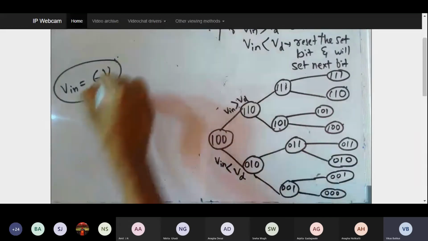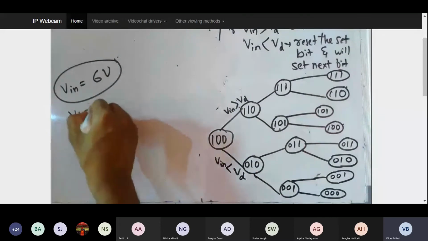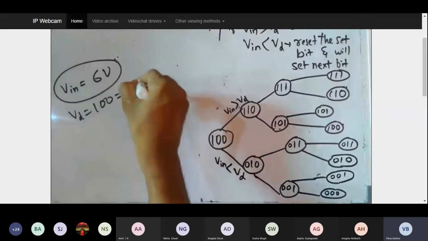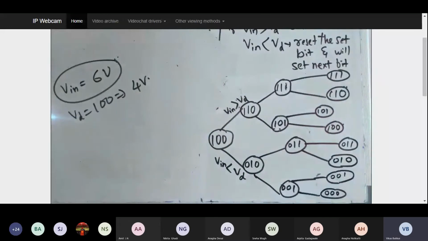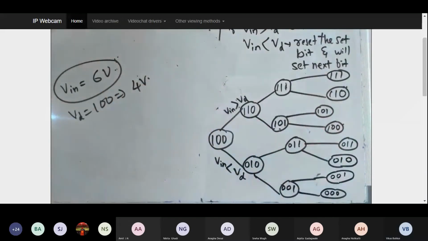This is my Vin, and my VD initial will be 100. What is my VD? It is 4 volt, because I have used a digital to analog converter, so 100 converts to 4 volt. Now the comparator is going to compare between 6 and 4 volt. Now tell me whether Vin is less than VD or Vin is greater than VD.